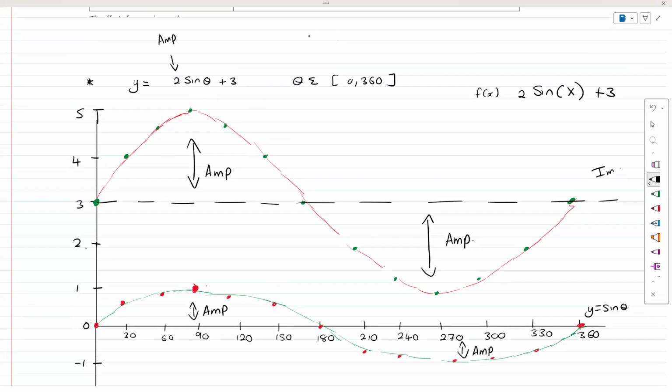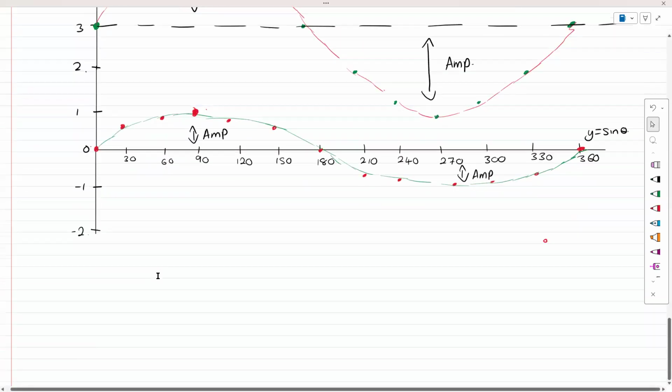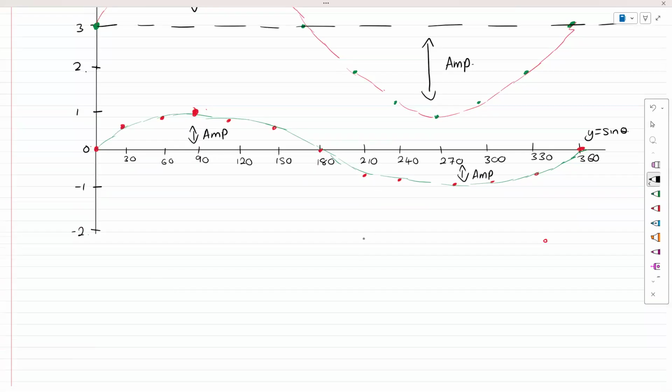Excuse me. And we can see, sorry guys, that the graph moved 3 units up. 3 units up. So let's go with the information. Firstly, the domain.